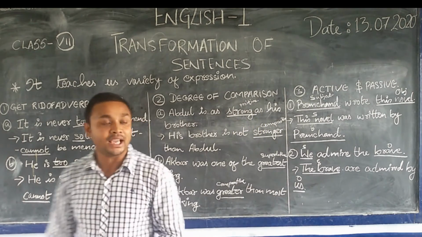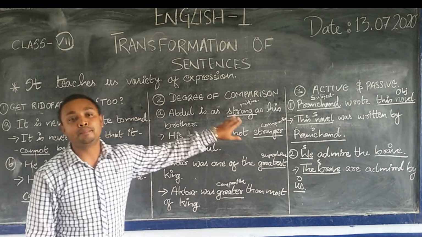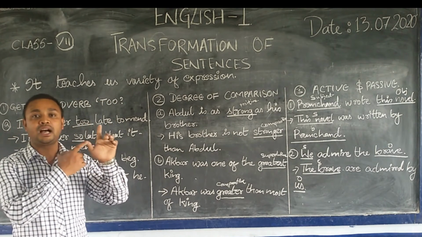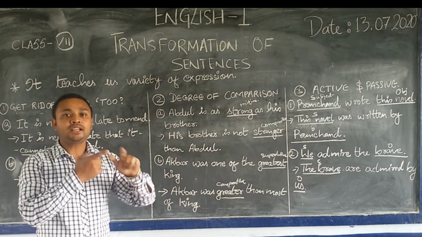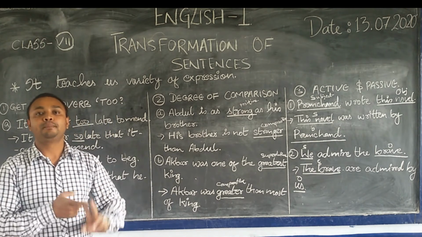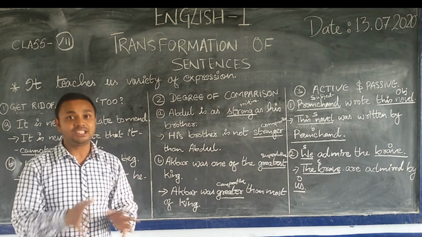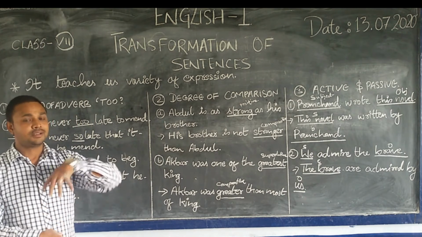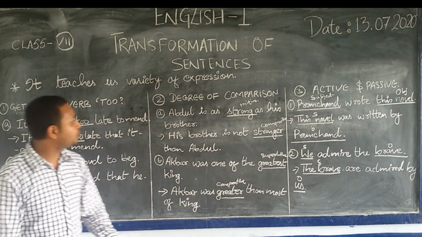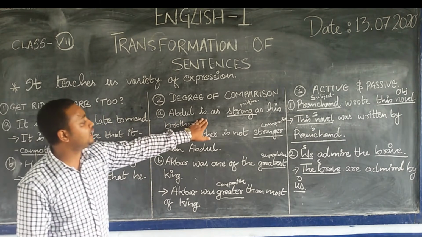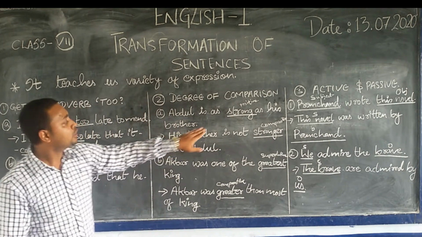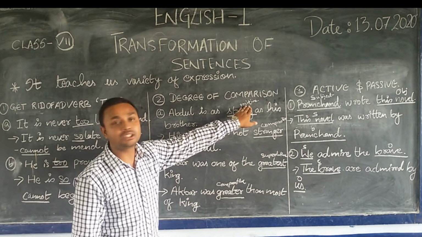And the next one we have is degree of comparison. There are positive degree, comparative degree and superlative degree. This also helps us to rectify our sentences, or say them in a different way. For example, we have "Abdul is as strong as his brother." Strong here is the positive degree.